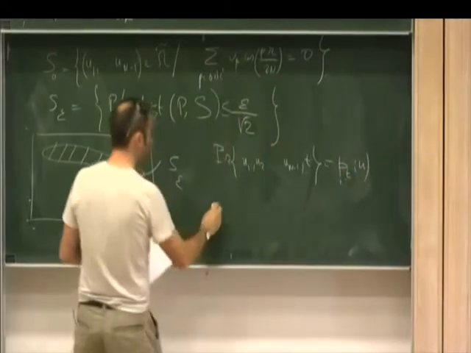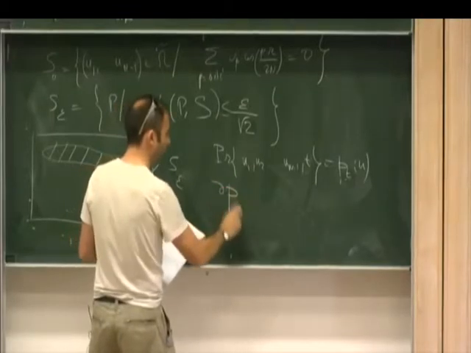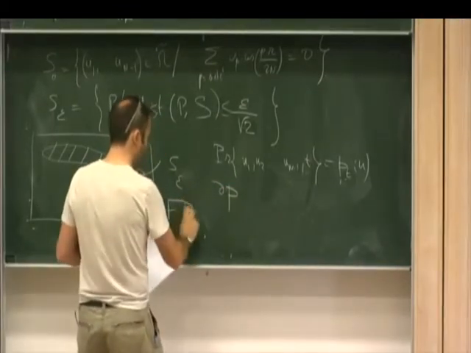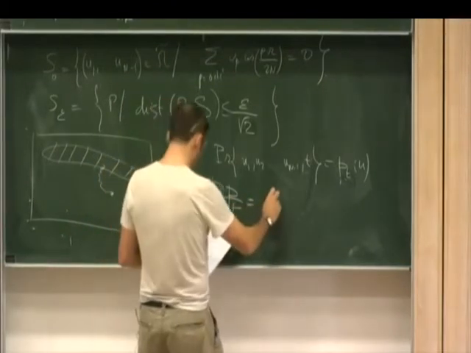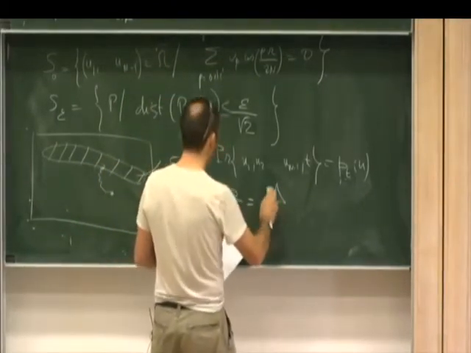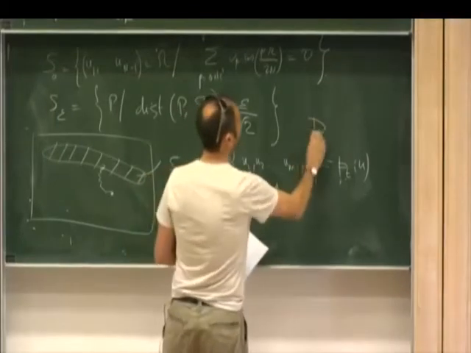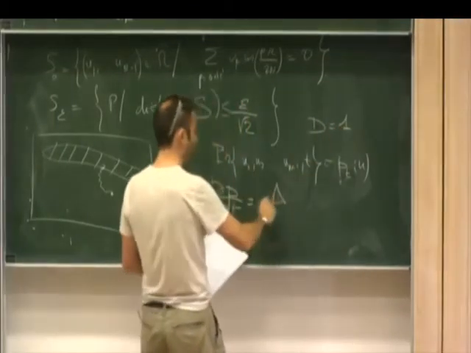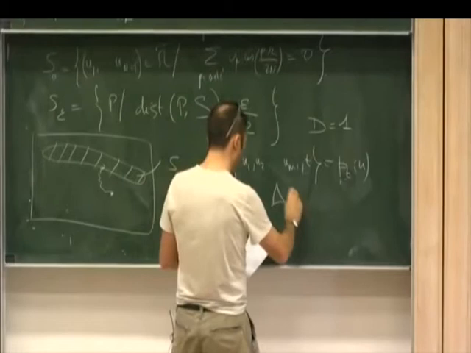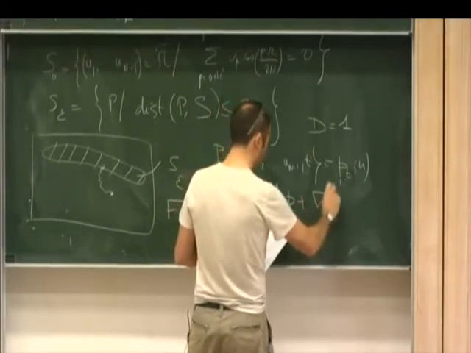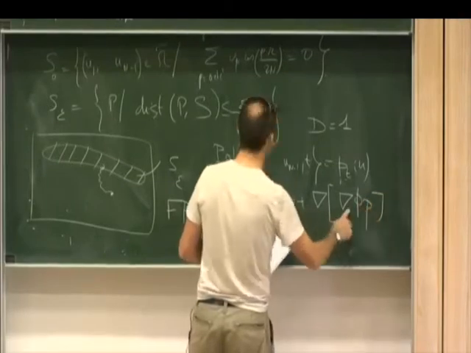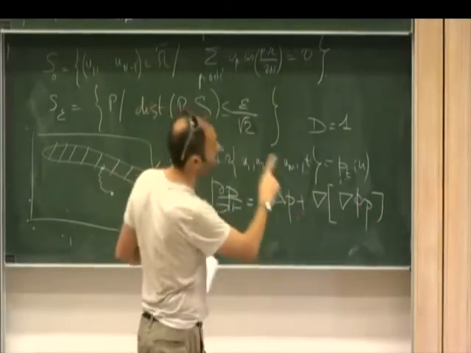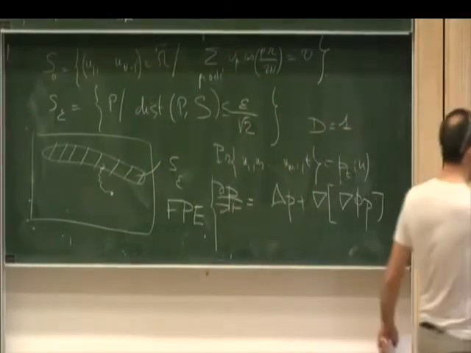So this satisfies, by definition, the Fokker-Planck equation, which is dp/dt equals, let me put here the diffusion coefficient equal to 1, otherwise I have D here, D Laplacian p plus divergence of gradient phi multiplied by p. Phi is the potential which is defined here.